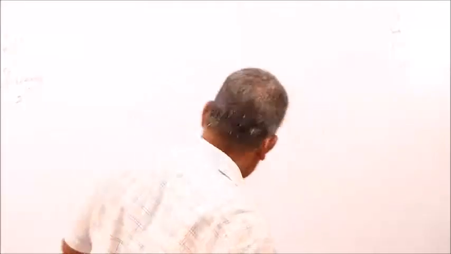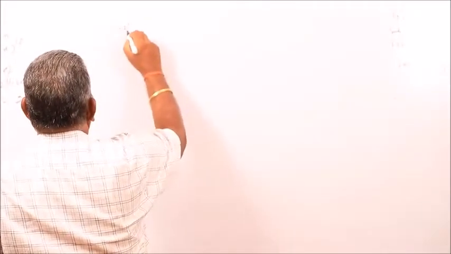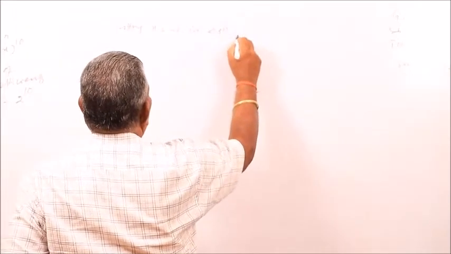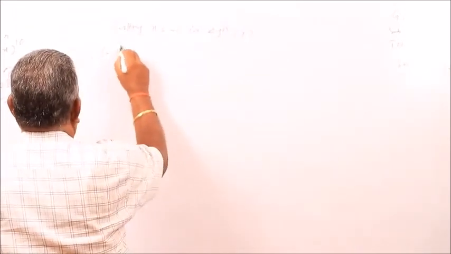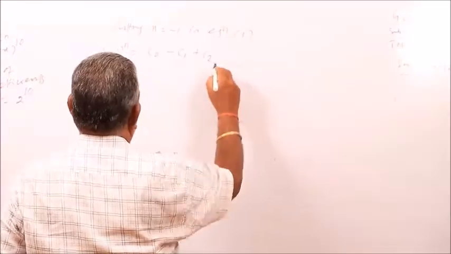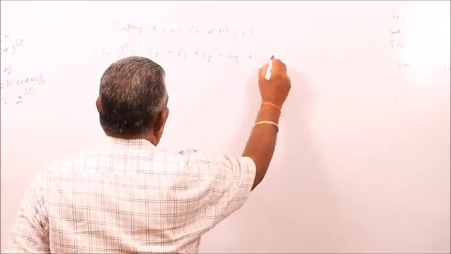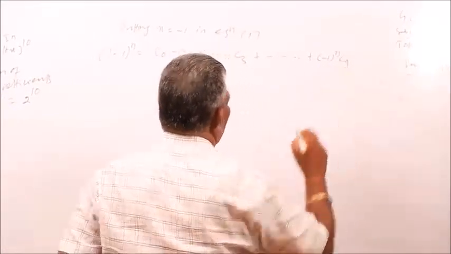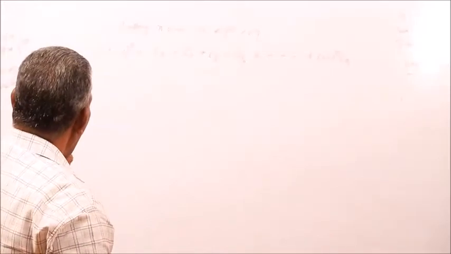Putting x equal to minus 1 in equation 1, that is (1 - 1)^n equals C0 - C1 + C2 - C3 and so on + (-1)^n Cn.